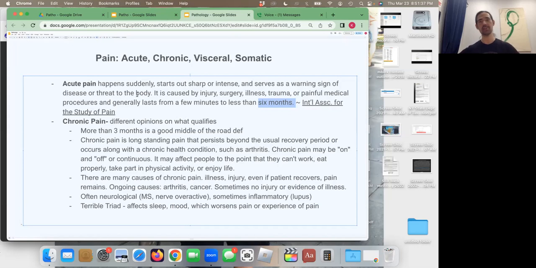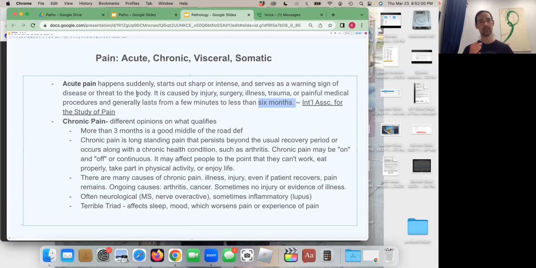You step off the curb and twist your ankle, or slip and fall. Like the description says, some kind of surgery. The acute pain may be from something like illness.